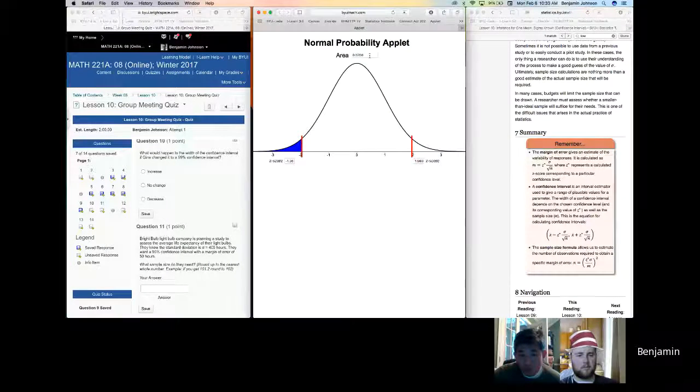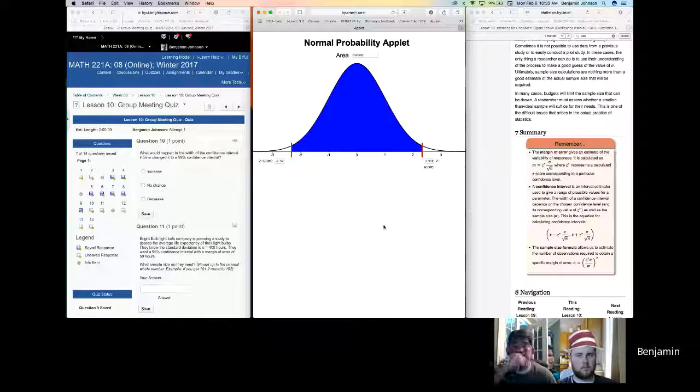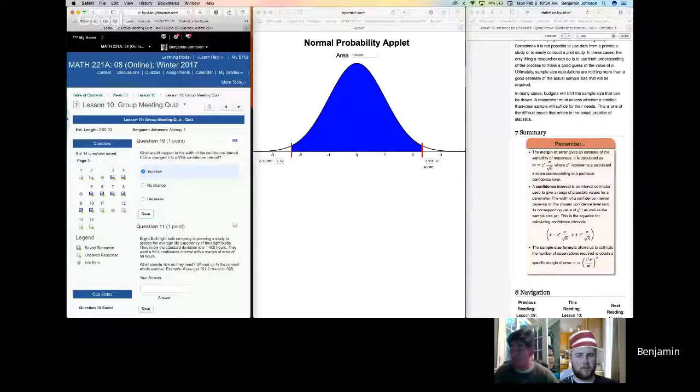If it was at 99, if that increased, yeah, it would increase, right? Does that sound right, Kevin? It doesn't sound right to me. Seems like it would get smaller if she made the confidence interval tighter. Seems like the width would be smaller.